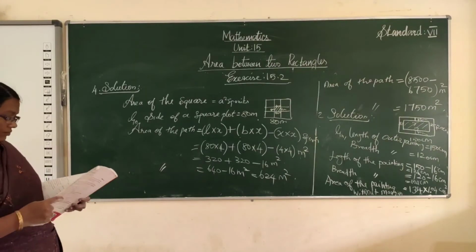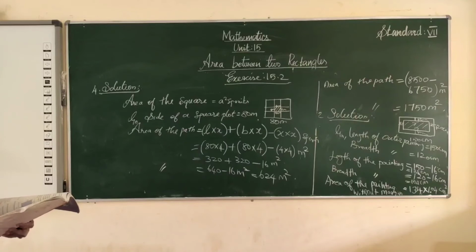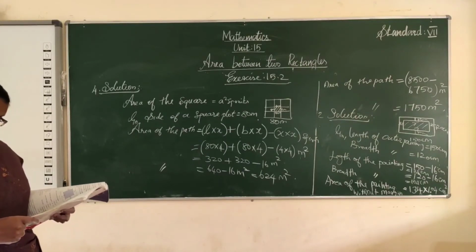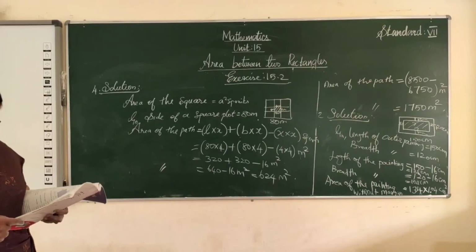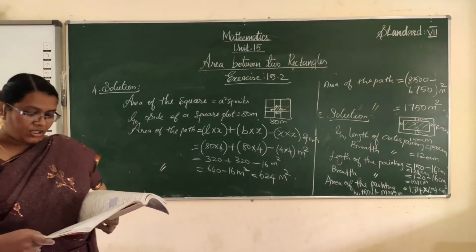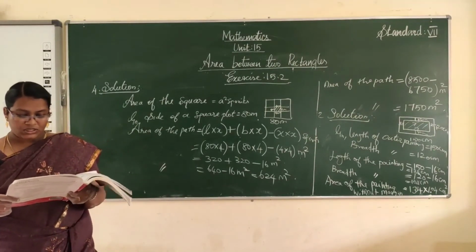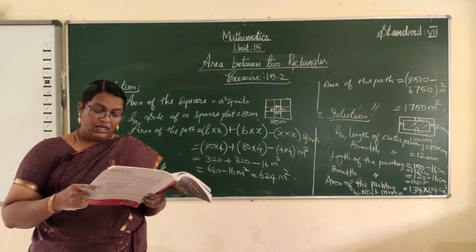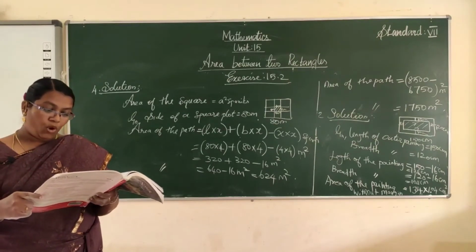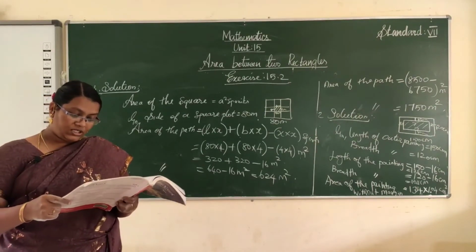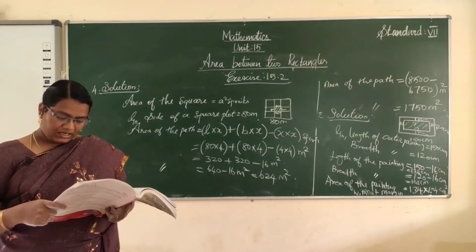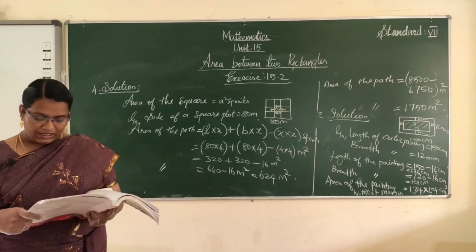Okay, that's all. And next one, fifth problem. A poster measuring 20 centimeter into 16 centimeter is pasted on the sheet of cardboard such that there is a margin of 3.5 centimeter along each side of the poster. Find the total area of the margin.